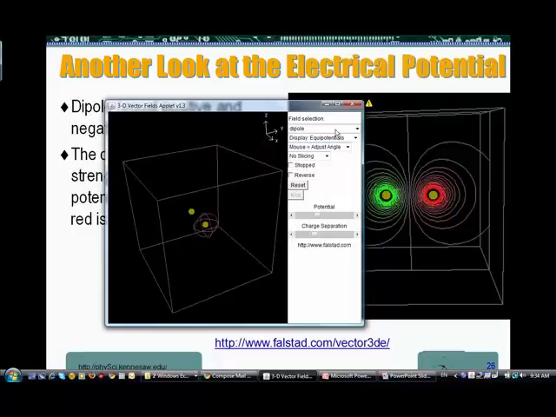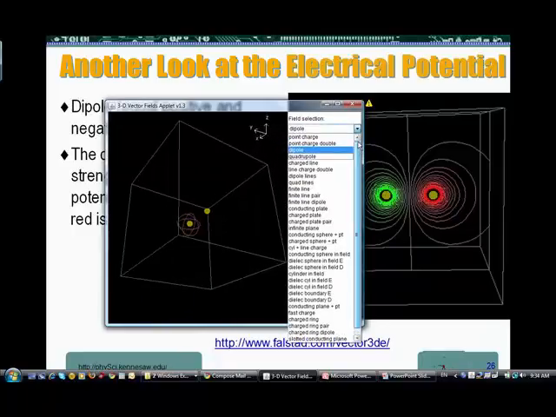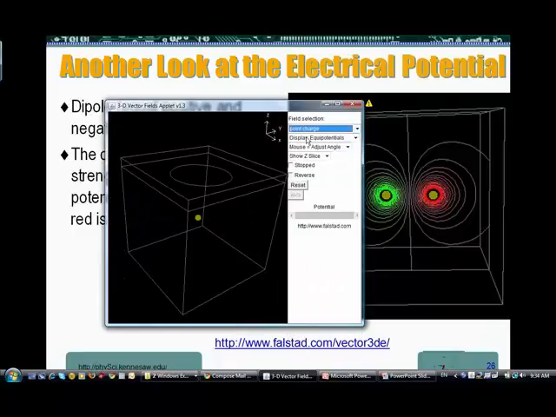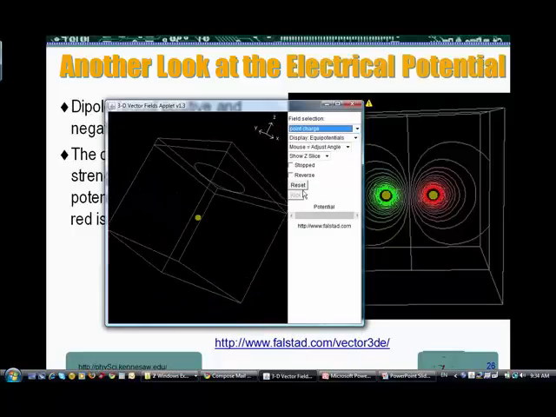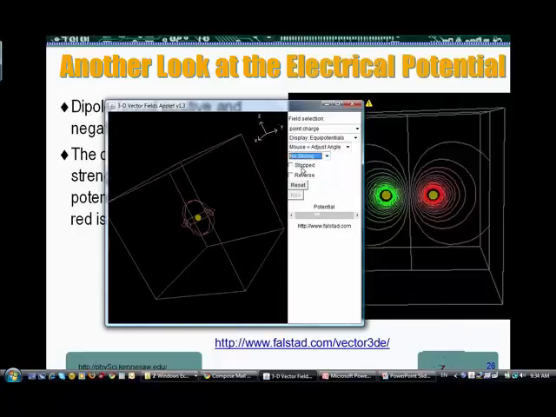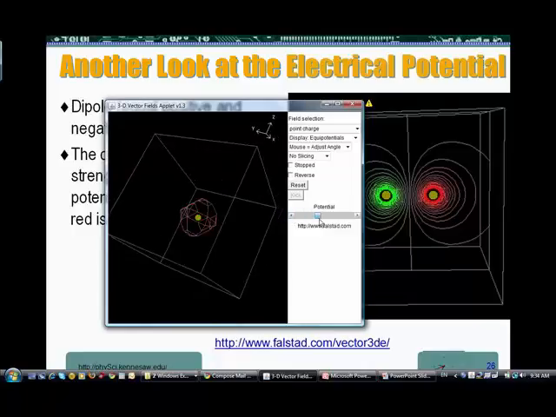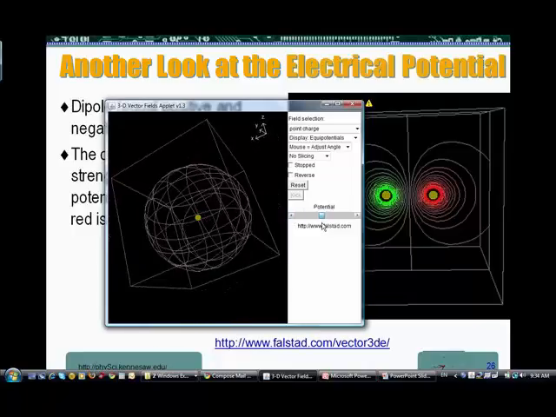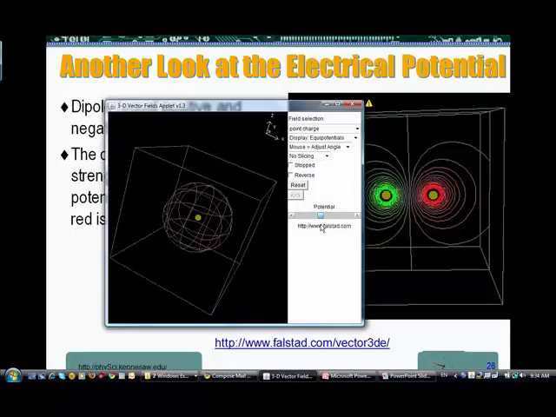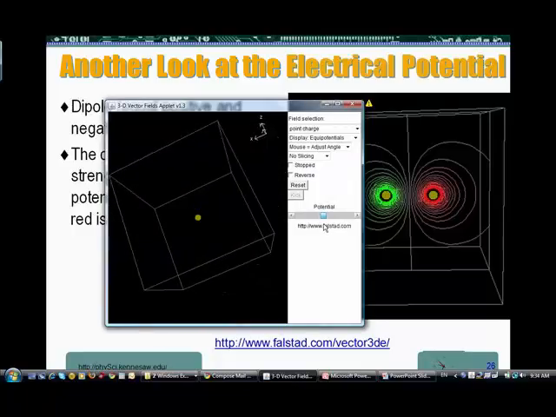Now, I'll show you for a second what we would get if we have only 1 point charge. And again, no slicing. So we should see just a spherical shape. That's our equipotential surfaces are spherical in shape.